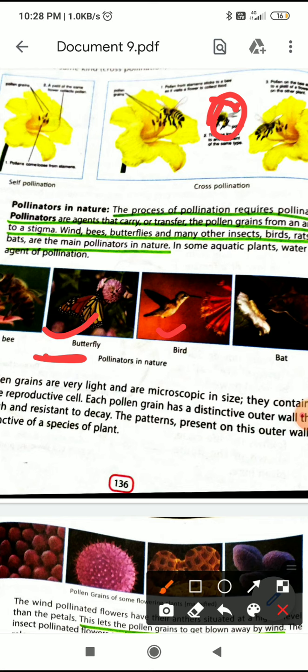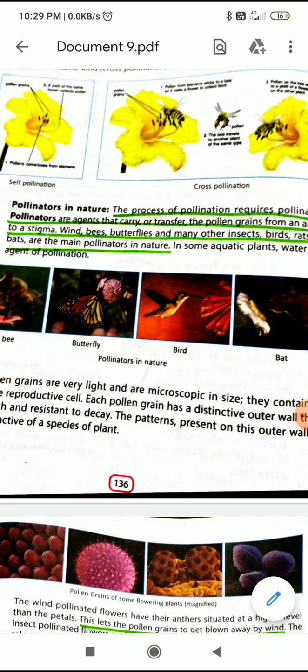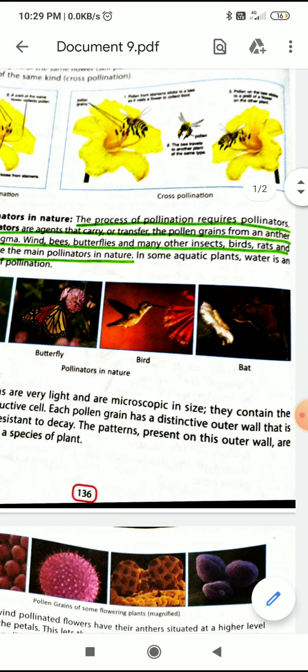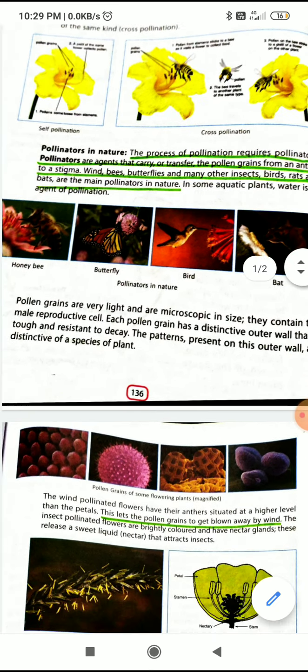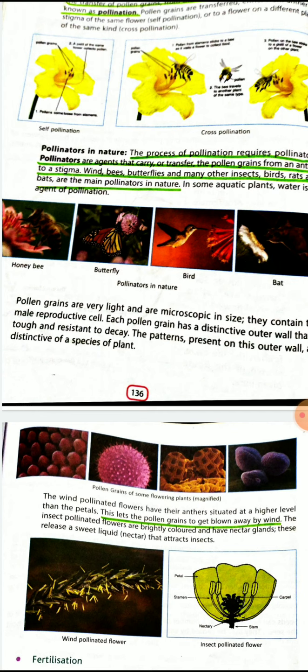If the bird is sitting on this flower, the pollen grains stick to the bird's wings or legs, and if the bird then sits on another plant, the pollen grains will transfer to that plant. So these are the pollinators. Bats also. You should know that pollen grains are very lightweight.